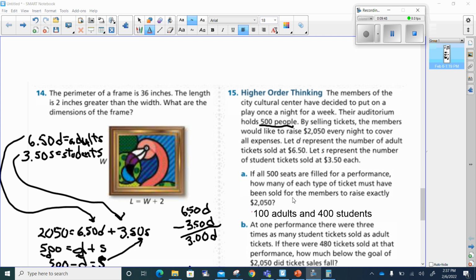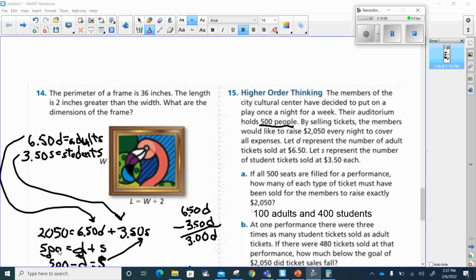Now I've got my first equation. The next thing says, if all 500 seats are filled for a performance, how many of each type of ticket must have been sold for members to raise $2,050? Well, remember, S represents the students and D represents the adults.